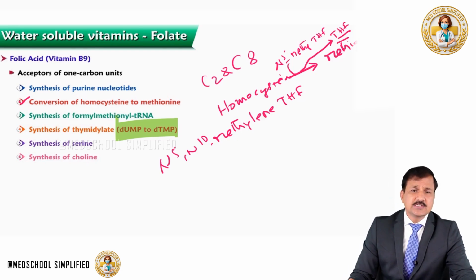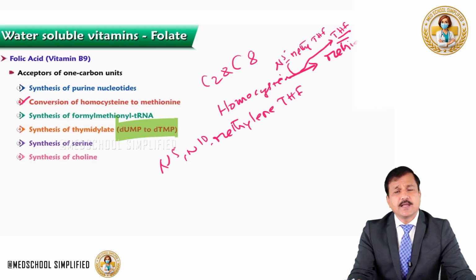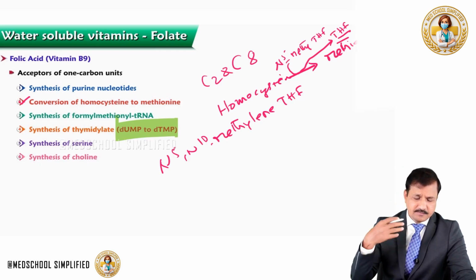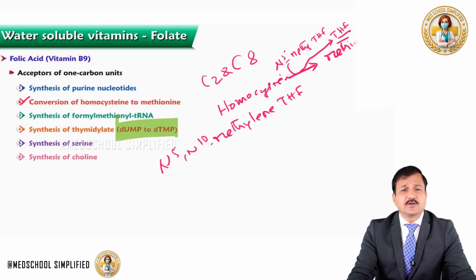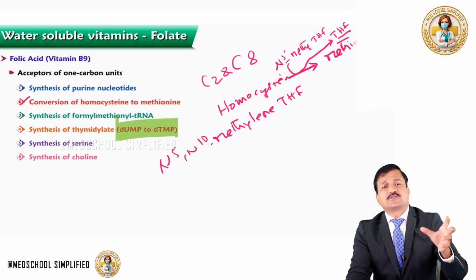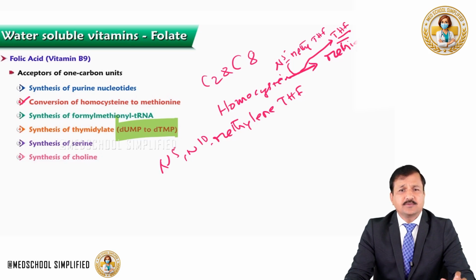Now, coming to synthesis of serine. In the synthesis of serine also, there is use of 1 carbon derivative, where glycine is converted into a serine molecule. So the hydroxymethyl group of serine will be required for the formation from glycine. Basically, interconversion of glycine and serine is mediated by N5-N10 methylene tetrahydrofolate. Now, synthesis of choline.